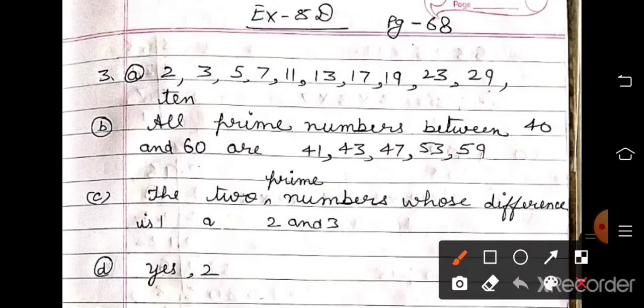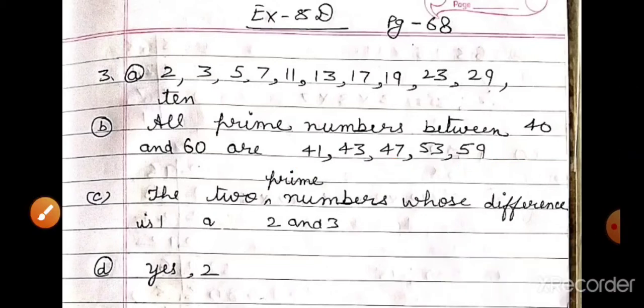Now the B part, write all the prime numbers between 40 and 60. So all prime numbers between 40 and 60 are 41, 43, 47, 53 and 59. Okay. These numbers are divisible by only itself and 1. Now the C part is, write two prime numbers whose difference is 1.